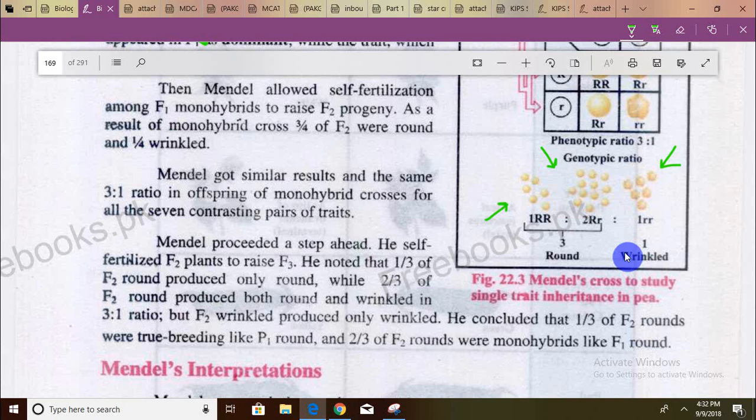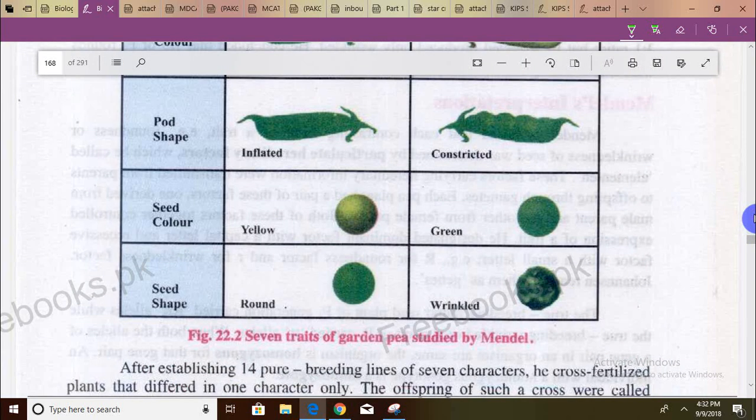Two-thirds monohybrids like F1, which were produced from the breeding of different P1s. So this is all very interesting and very simple, except when they actually give the question, and I for one get really confused. So some stuff you got to remember: round is dominant, wrinkled is not dominant.